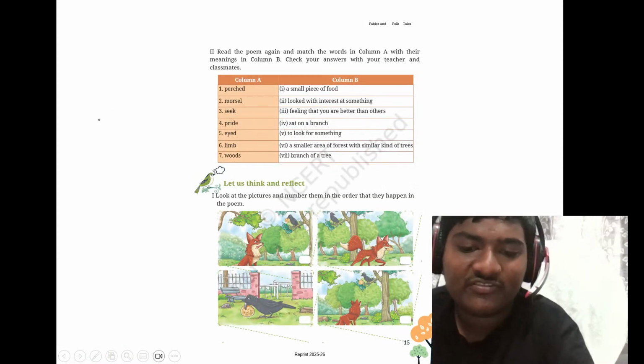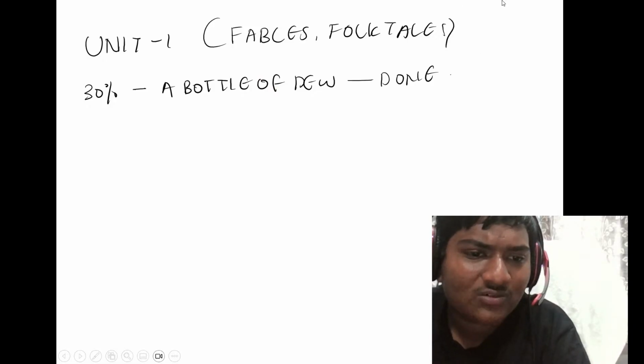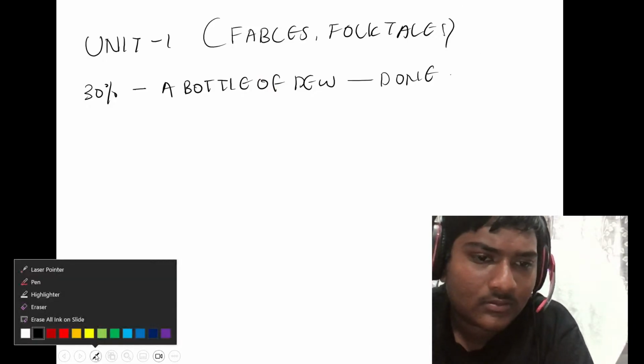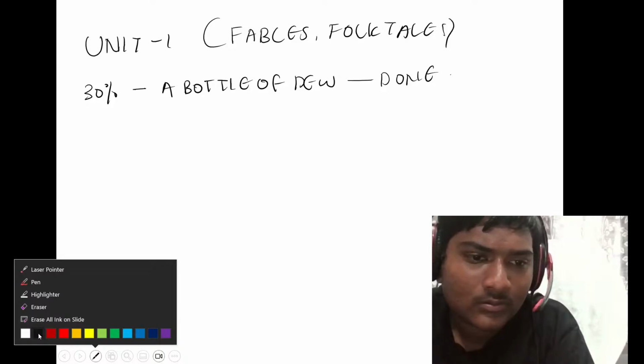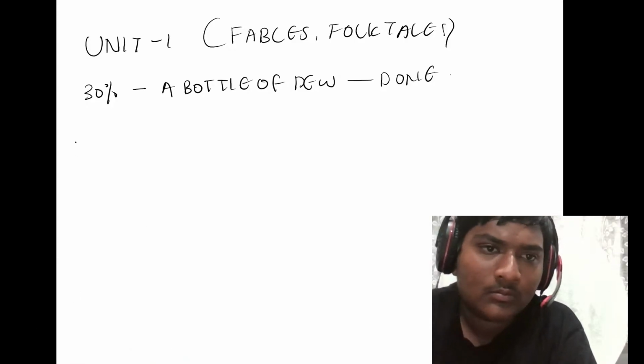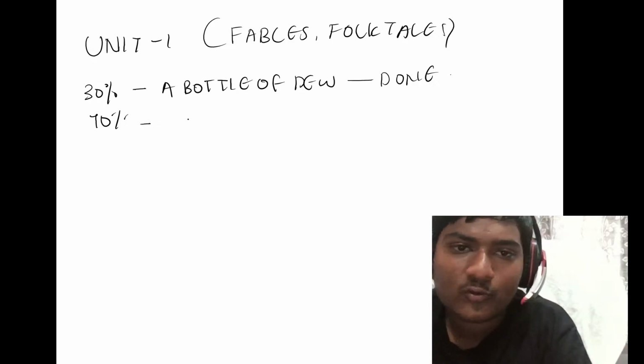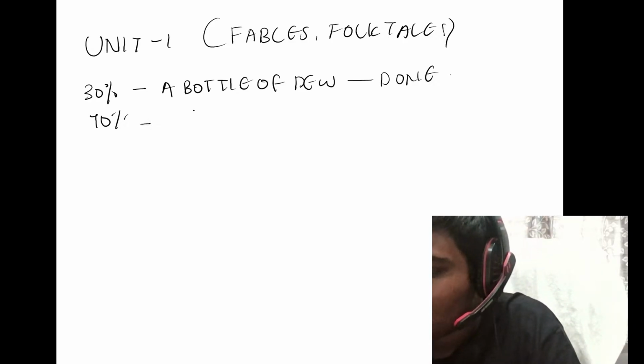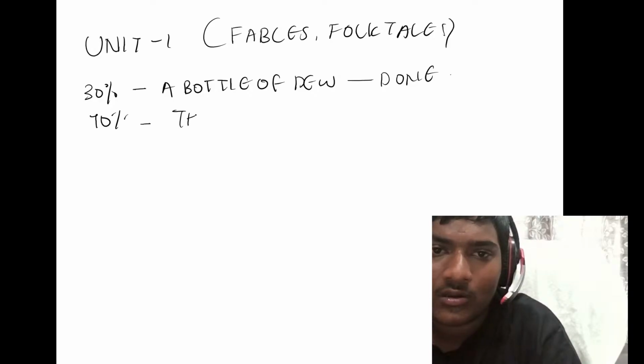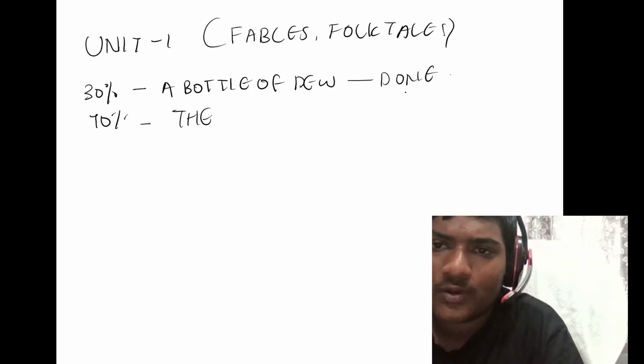Wait children, what is happening to this screen? Remaining 70%. The Ravan and the Fox, this one is the prose.